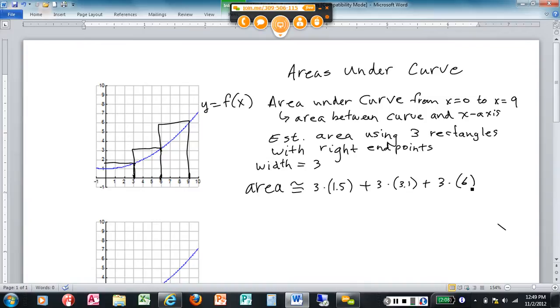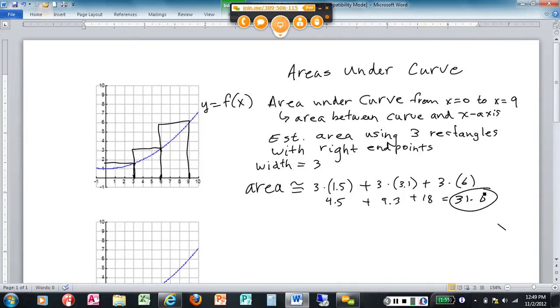Yeah. Okay. So the area under that curve is very roughly what that equals. It's 4.5, 9.3, and 18. What does that give me? 27, 31.8? Does that sound right? Okay. About 31.8.